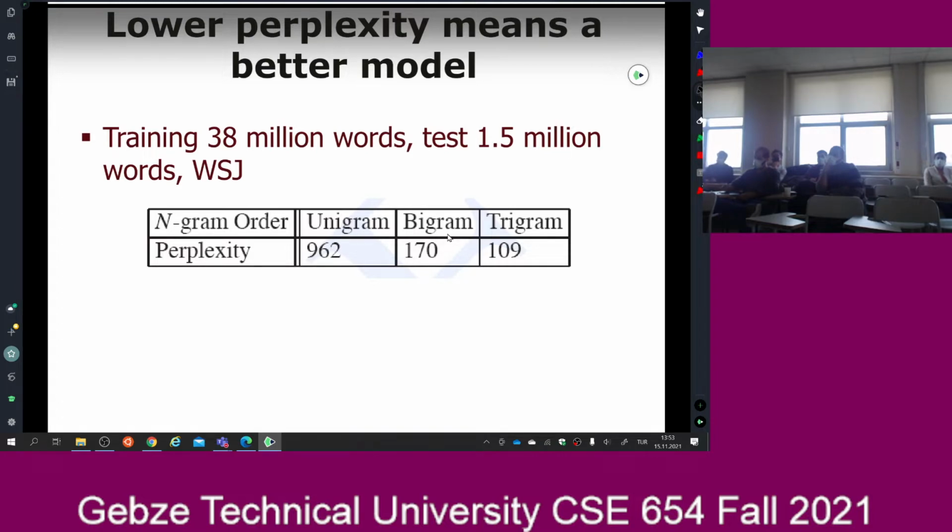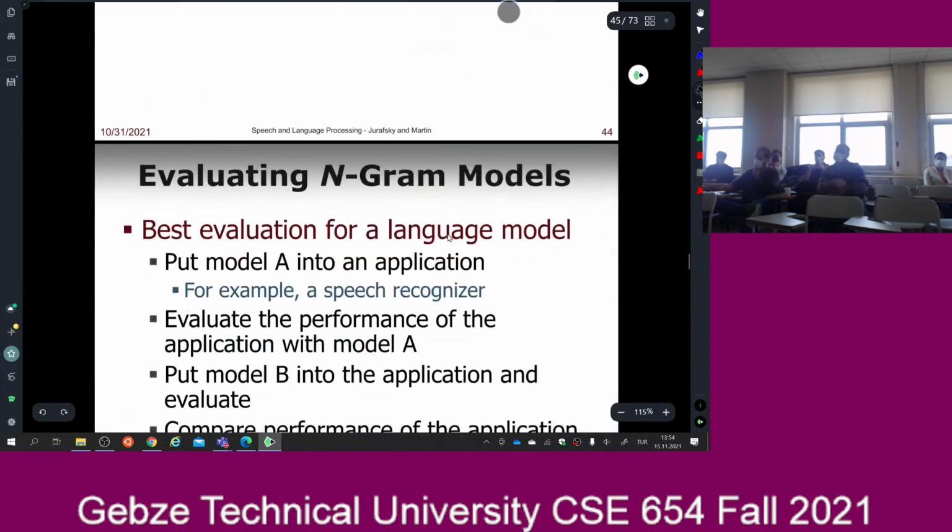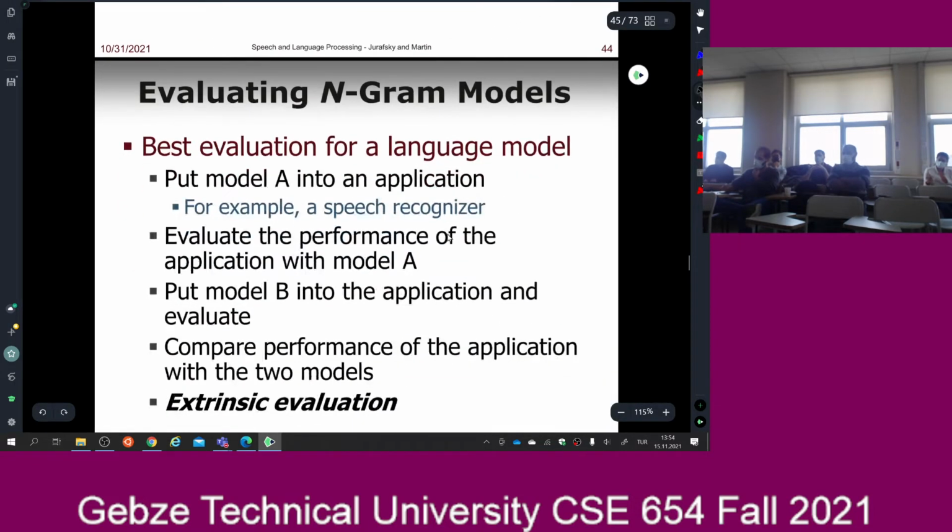So this is a much better model than the unigram model. Most of the time you won't see this kind of difference between the models, because compared to this trigram model, unigram is very primitive. So perplexity is something that we need to remember when we are measuring the success of our model.